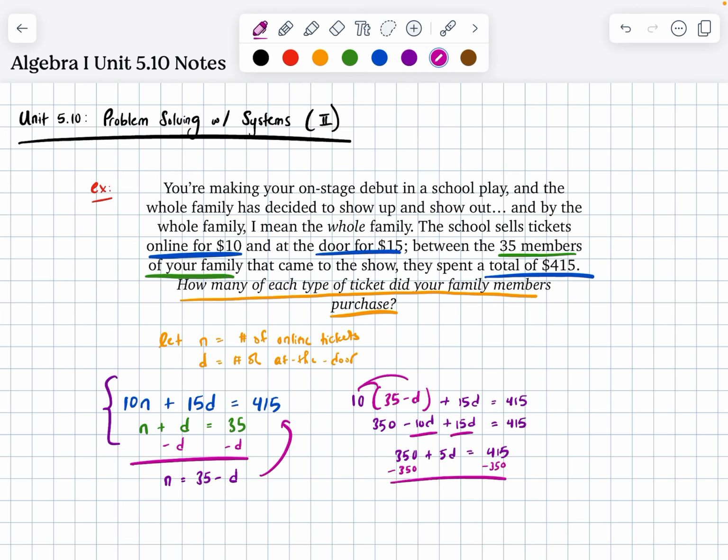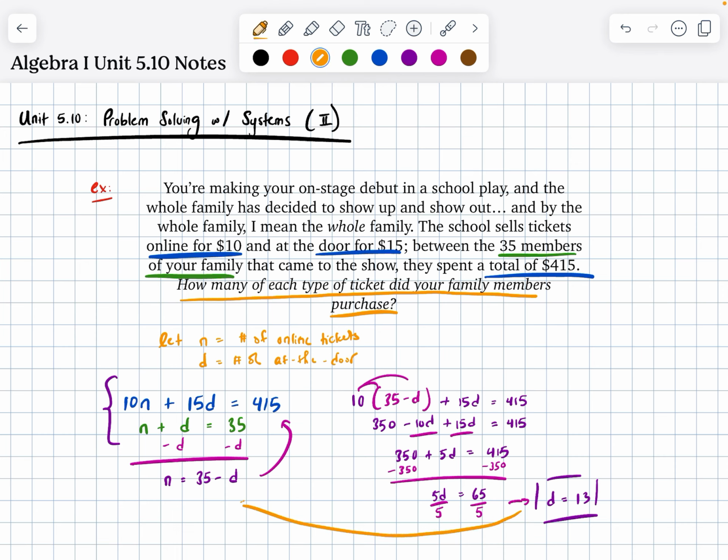And from here, I'll start by subtracting 350 from both sides to get closer to isolating my variable. That tells me that 5D is equal to 415 minus 350, which is 65. Last but not least, we'll divide both sides by 5. That tells me that D is equal to 65 divided by 5, which is 13.